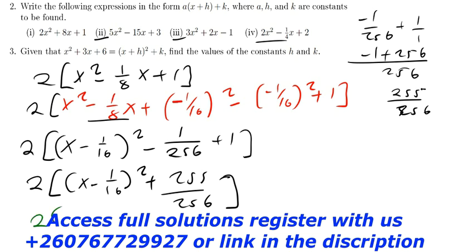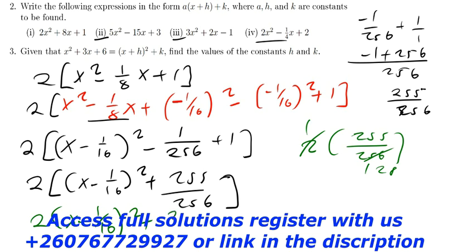So 2 open bracket x minus 1 over 16 squared plus 255 divided by 256. 2 into there, that should be 128. So now I have 255 divided by 128. I've expressed this in this form.